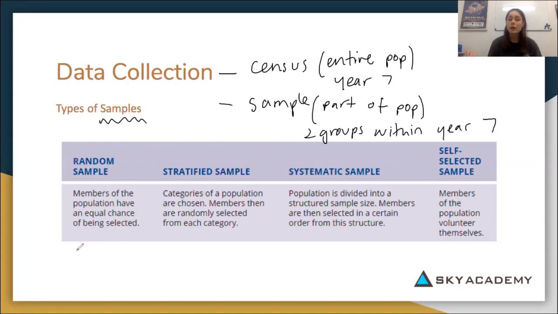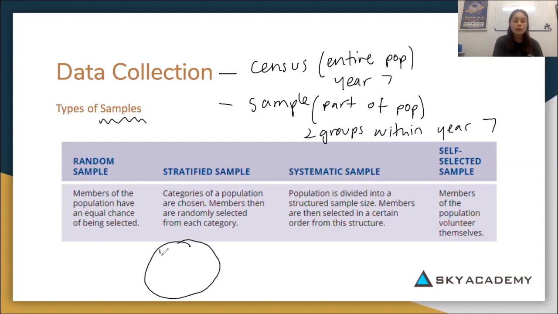Stratified sample is where categories of a population are chosen, and so they could be randomly selected within each category. So you have a population of people in Year 7, and you choose the category of people who like the colour red. So you have your entire population of Year 7.